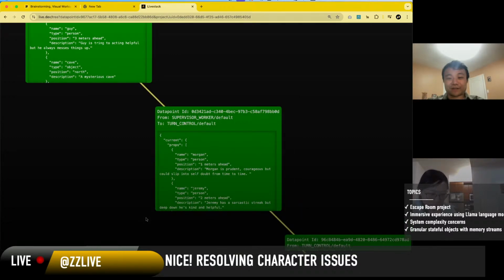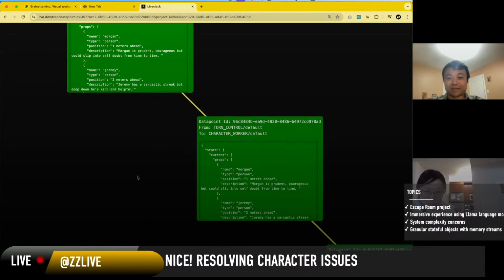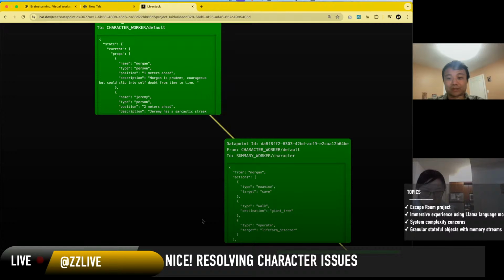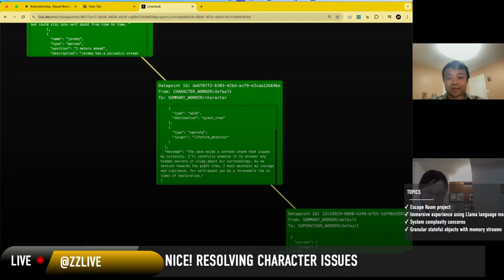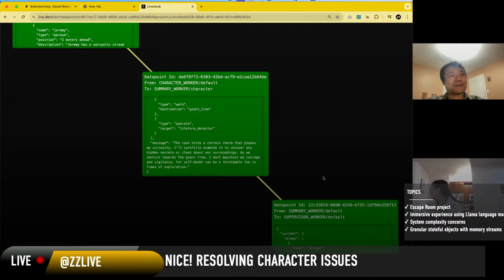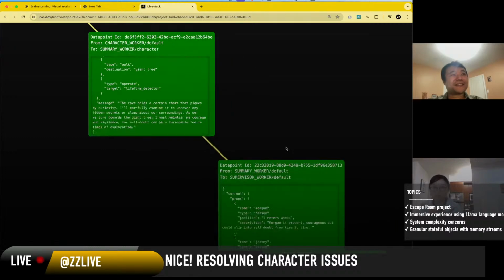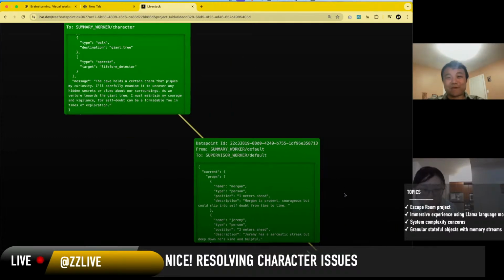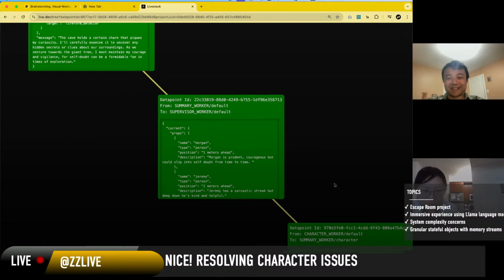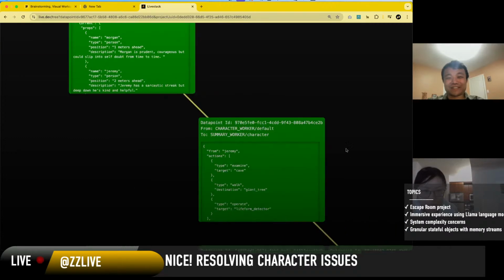So it goes through turn control, supervisor, turn control, the character, and then Morgan. They don't continue. Right, that was our problem. And we still got that problem.